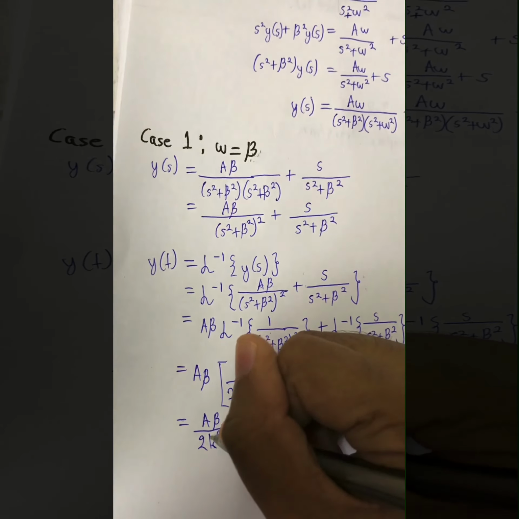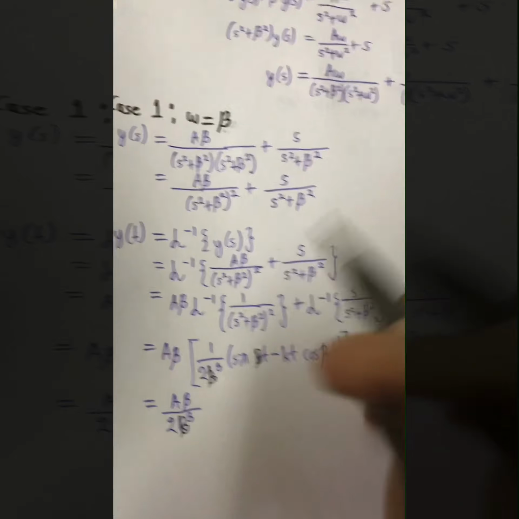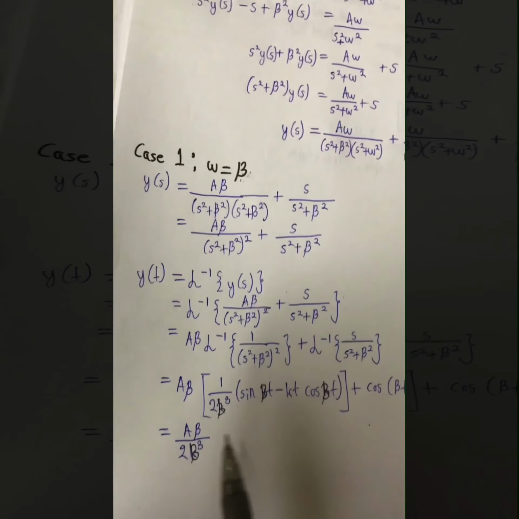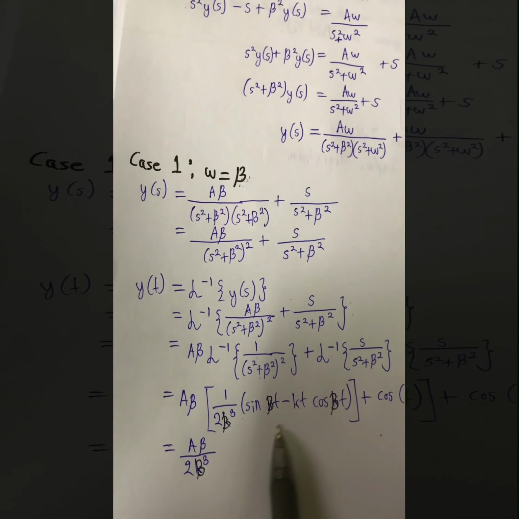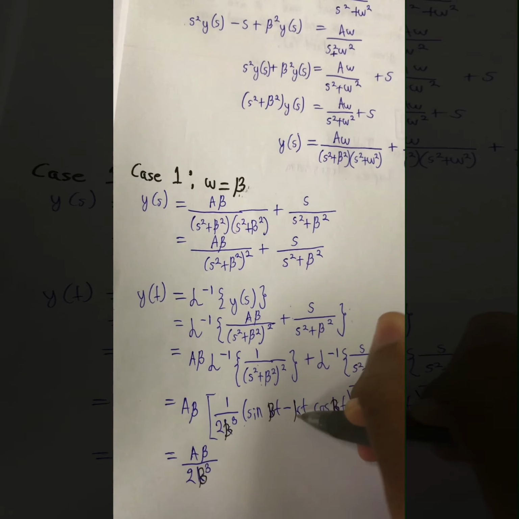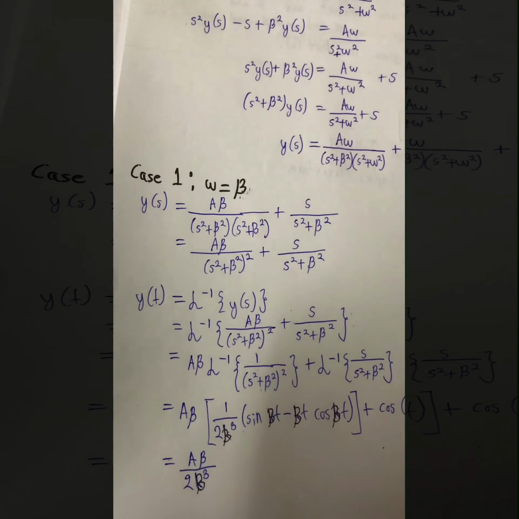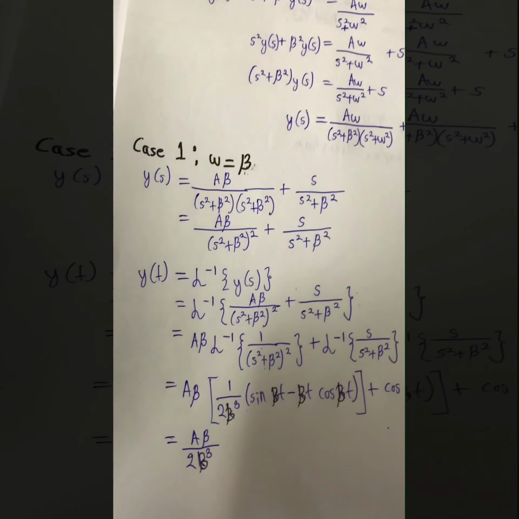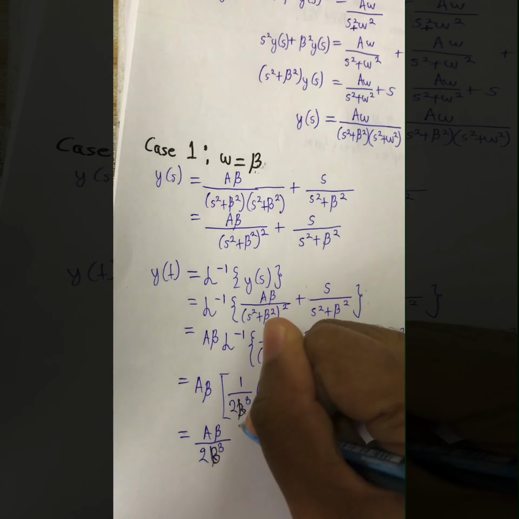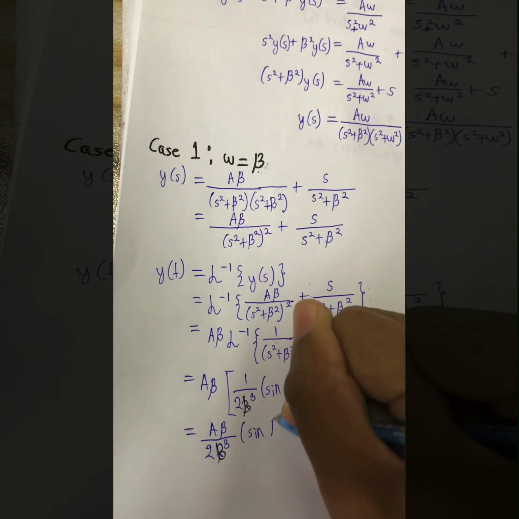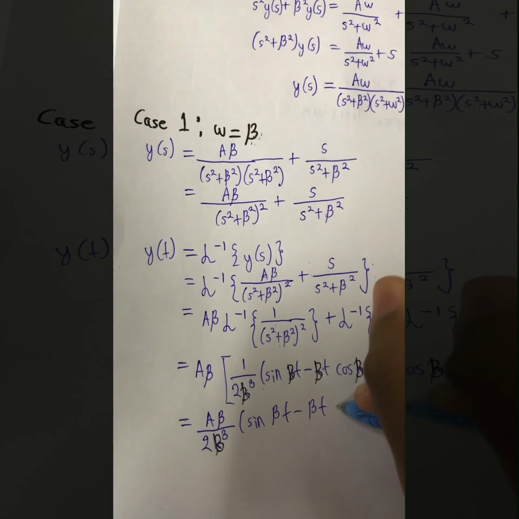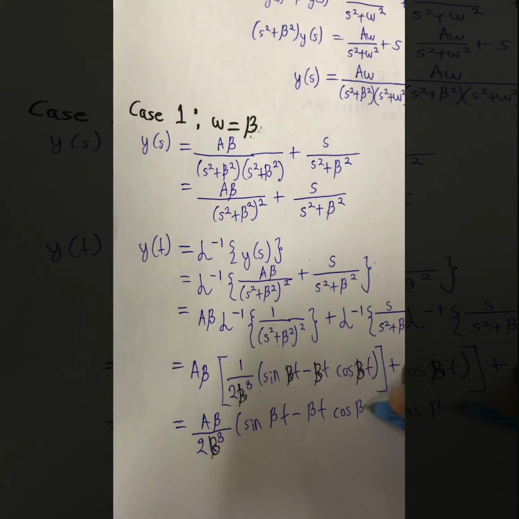So here is actually beta, because in part A our constant is k, but now in part B our constant is beta, so k should be beta. Okay, so we further simplify it, and then here times is sin beta t minus beta t cos beta t.